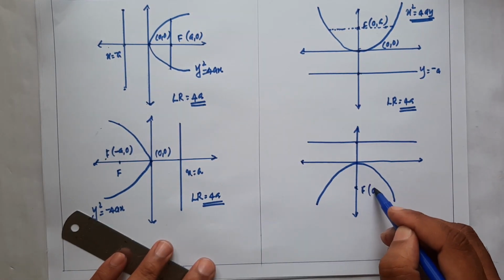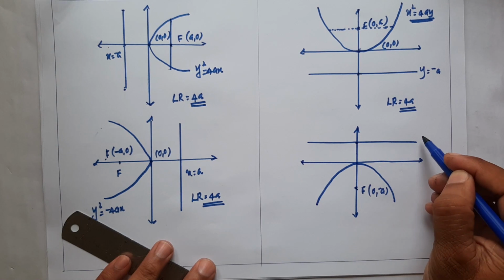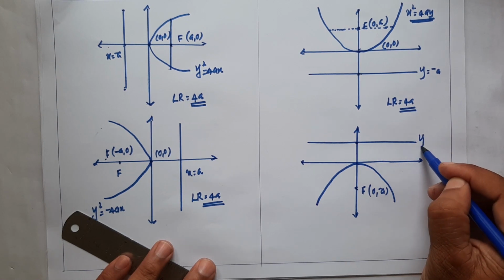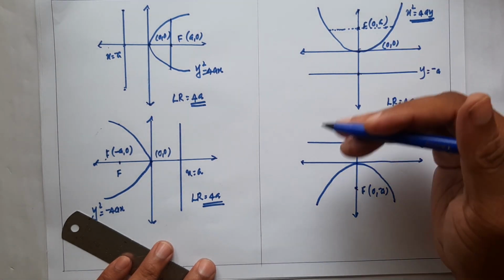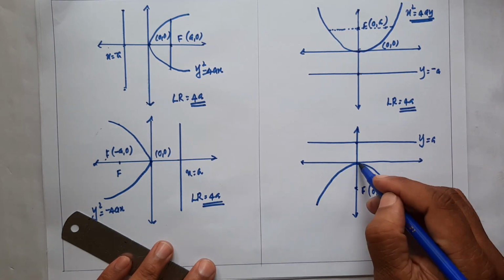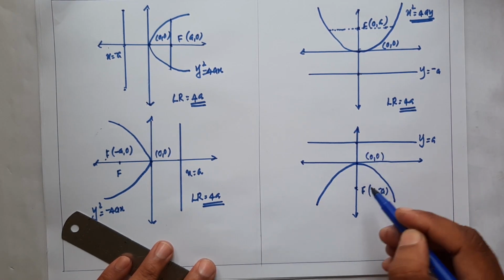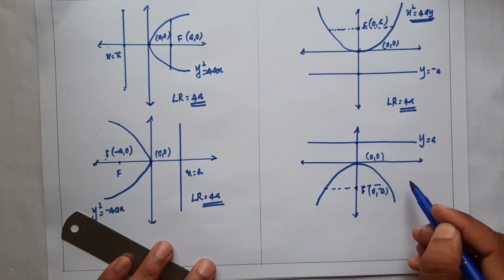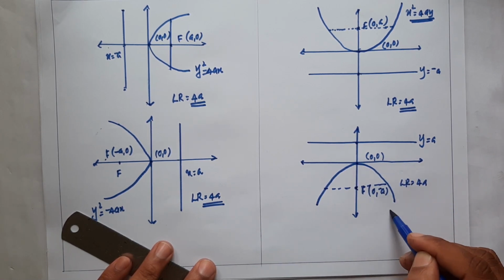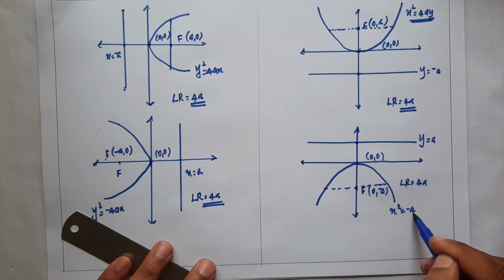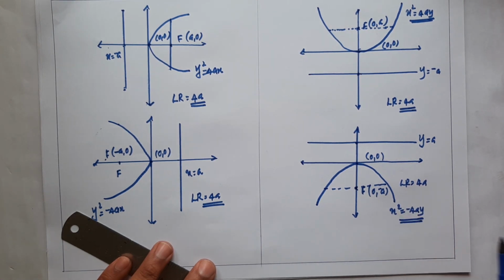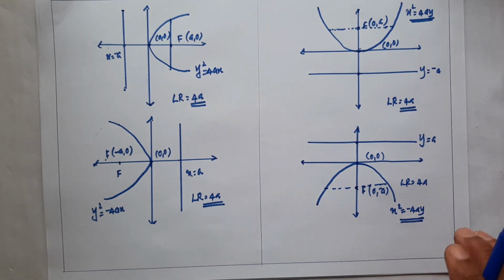The focus coordinate is (0, minus a) and the directrix is y is equal to plus a, above the x-axis. The vertex is the same, (0, 0), and the latus rectum LR is also equal to 4a, but the equation is x square is equal to minus 4ay. That's all.